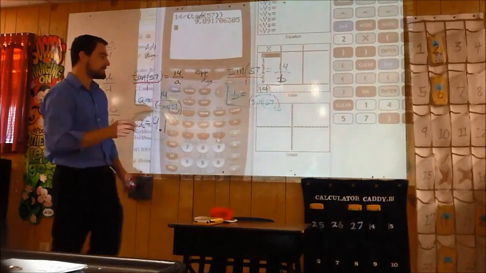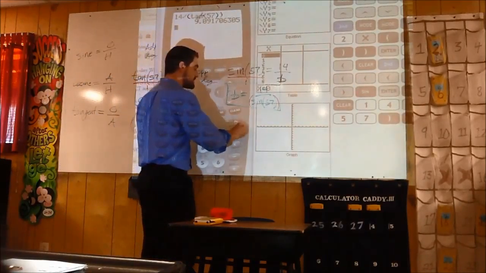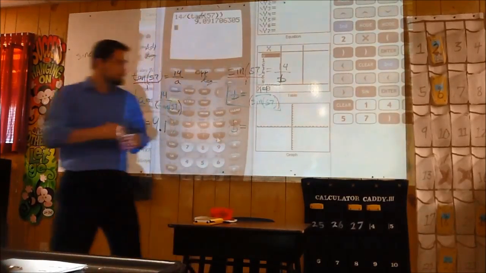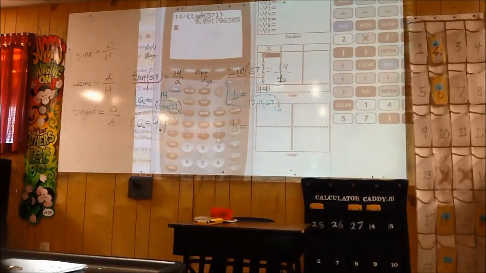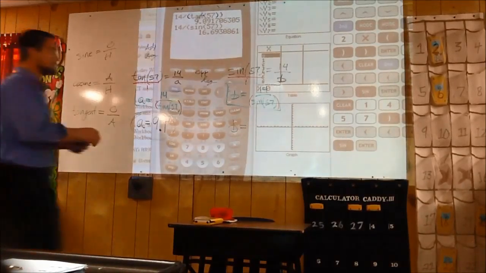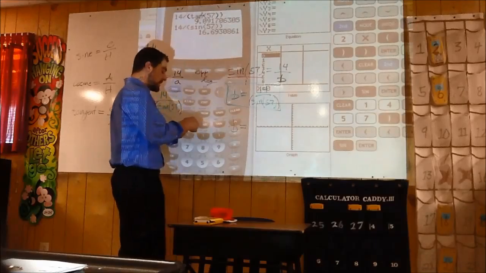So my rounded answer, notice how I'm circling this answer, because it's rounded. Do the same thing for B. We're going to type this into our calculator. Okay, so I got 14 divided by the sine of 57, which is 16.6930.